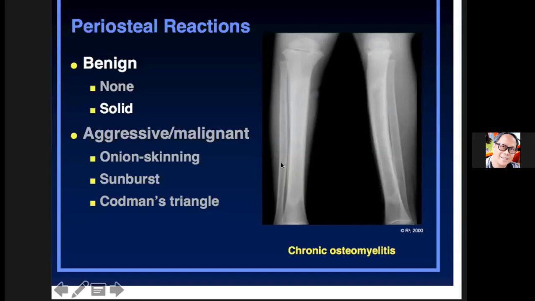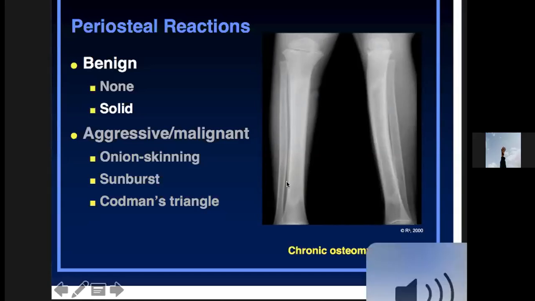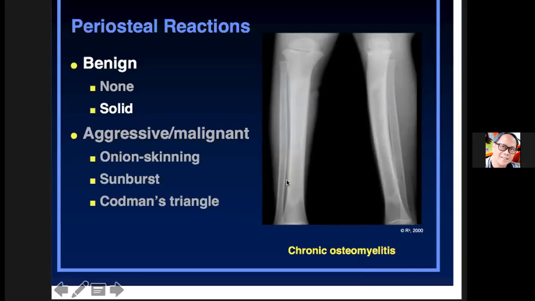Can you see my cursor? Yes, doc. This is a bit fine detail, but there's some lifting, but the cortex is still intact. Look at the density of the cortex in the mid shaft and the proximal third of the tibia. This is chronic osteomyelitis.